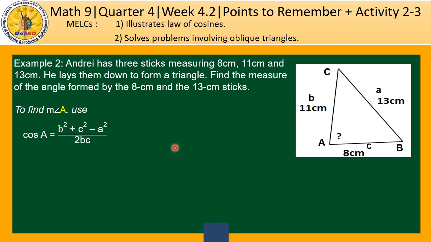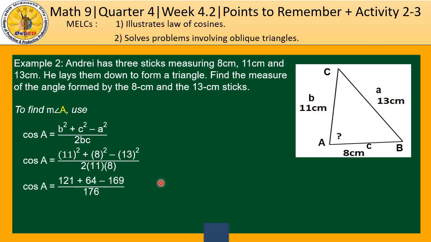Let us plug in the values. So this is 11, this is B, this is C, this is 8 centimeters, this is A, this is 13 centimeters, this is 2B. What is B? 11 centimeters, C 8 centimeters.